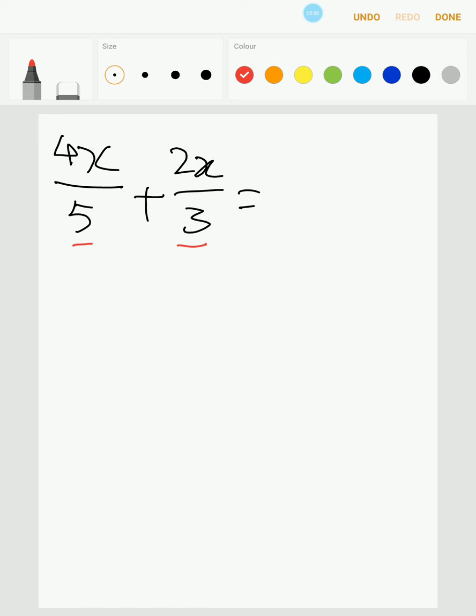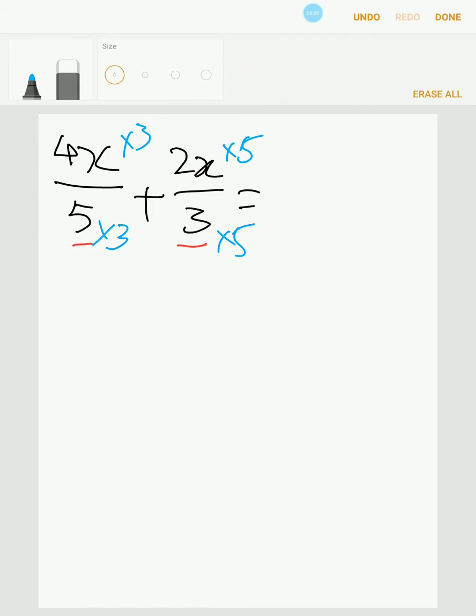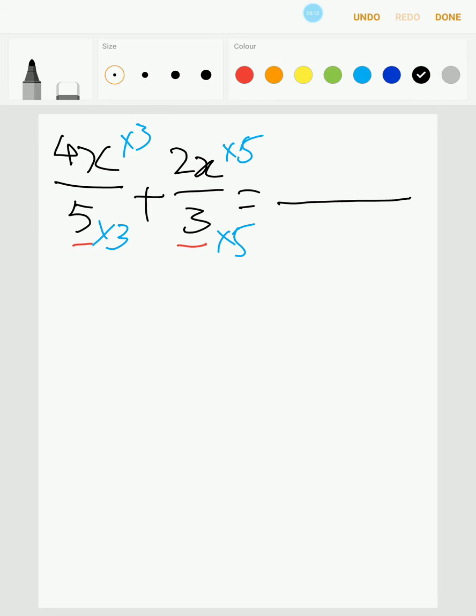Different. Let's fix it. How to fix it? Times 3 for the first one, times 5 for the second one. And that would solve our problem because our denominator is now 15, right?